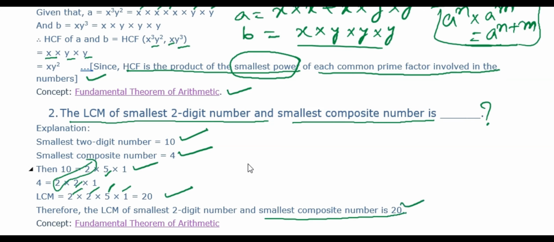It is not required to write all this in a 1 mark question, but it is required to understand which concept we are using here. So when you see such a type of question, you are able to solve it. Don't write 10 and 4; directly write 10 equal to 2 into 5 into 1 and 4 equal to 2 into 2 into 1.